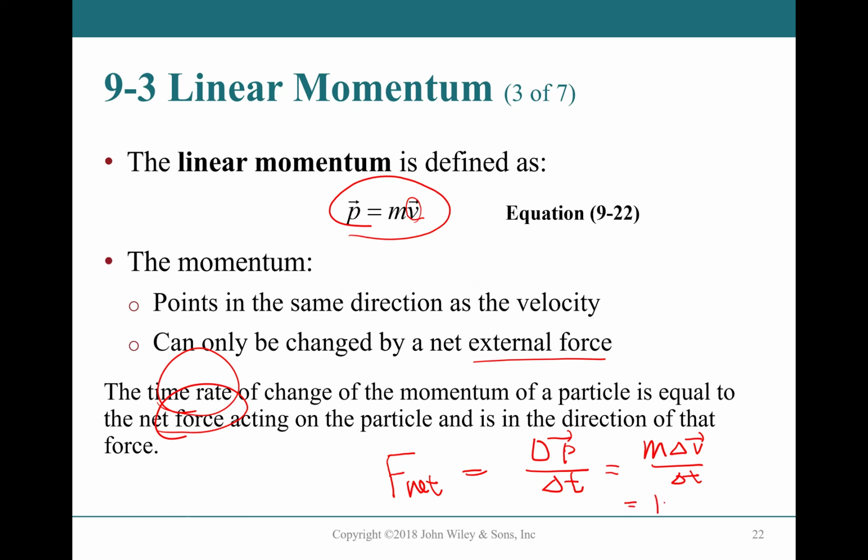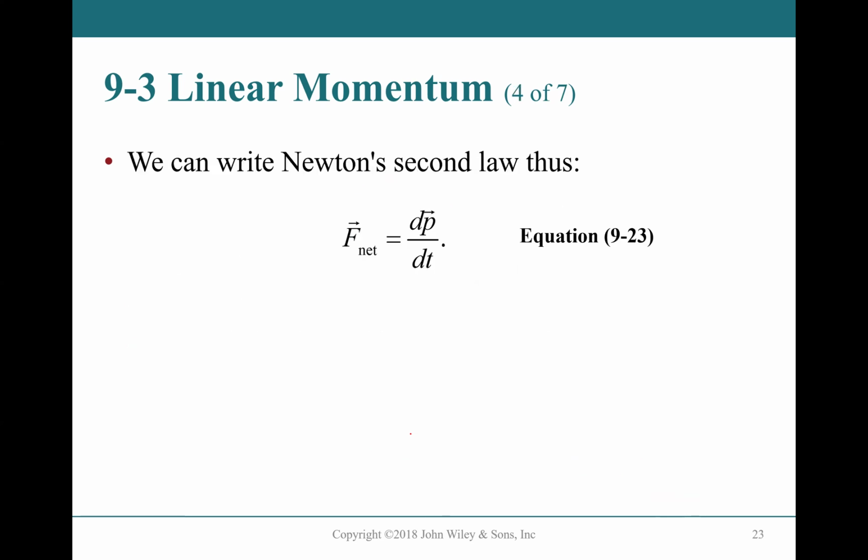Velocity over changing time, that's actually your acceleration, so m delta v over delta t is mass times acceleration. That's why our force will be equal to the changing rate of your momentum. We can write Newton's second law in terms of momentum: the net force will be equal to the change of momentum. So we don't write it as ma anymore; you can write it as the rate of change of momentum.